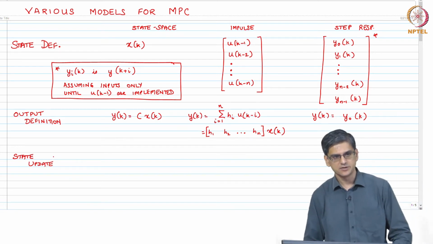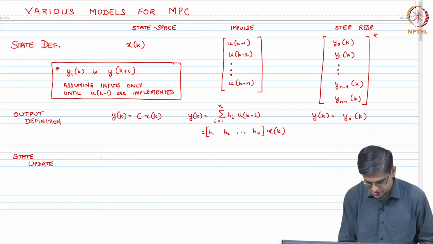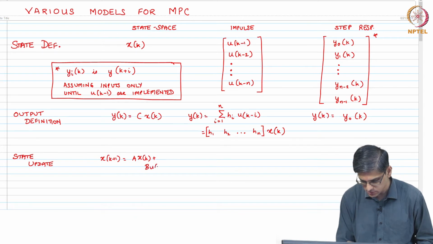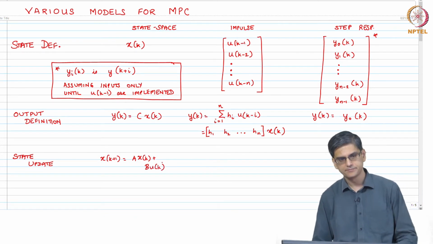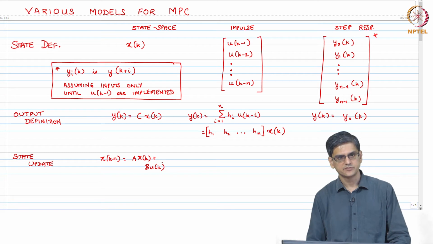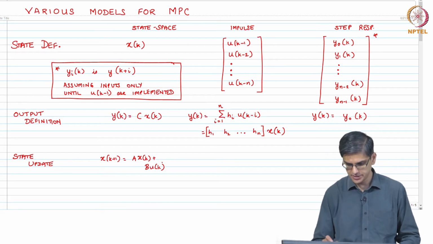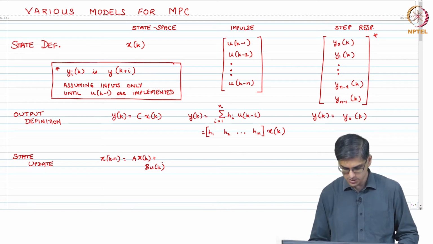That is what state update means. I should not say model update. So, the state update is xk plus 1 equal to Axk plus Buk, straightforward. What is the state update in impulse response models?